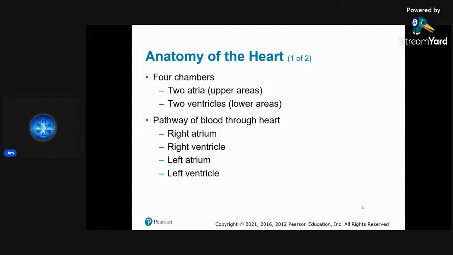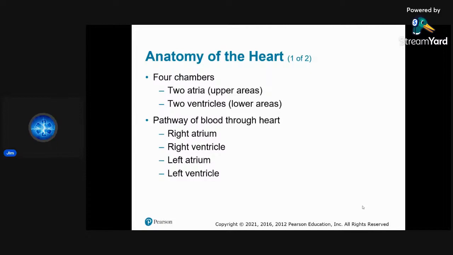The blood will be pumped back to the heart through the pulmonary vein. It's the only vein in your body that carries oxygenated blood. Into the left atrium, it goes through the bicuspid valve, down into the left ventricle, and then up and out through the aorta. Now, let's go back to the pulmonary vein and artery to make this less confusing.